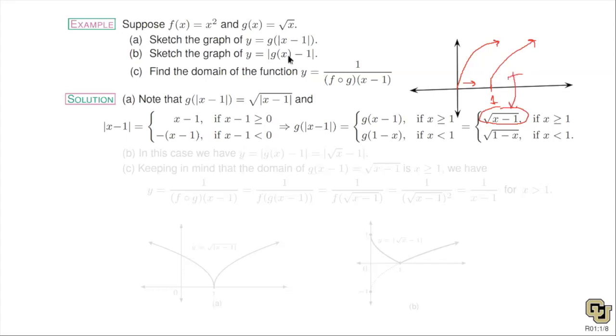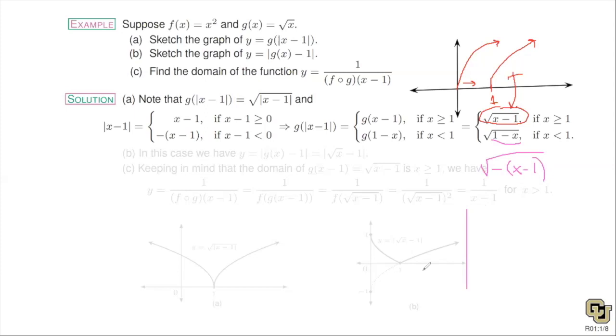For the other piece, I like to be a little bit careful here with the minus sign. It helps to think about what the domain is. I like to think of this as put the minus out and do x minus 1.